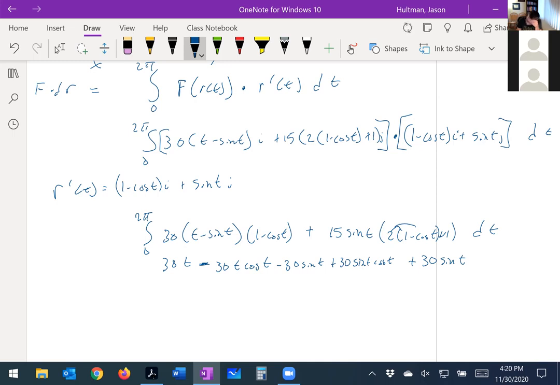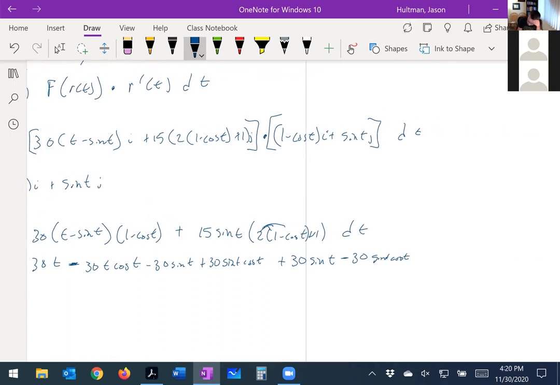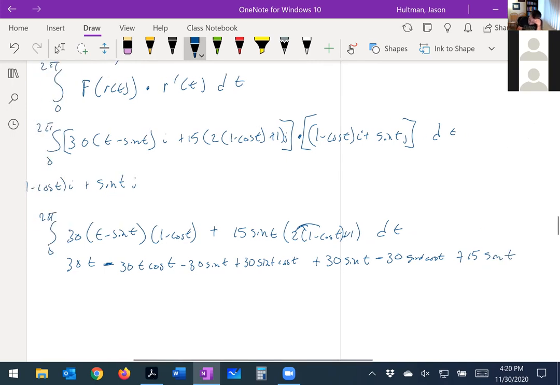Plus, that's 2, right? 2 and then 2, that's minus 30 sine t cosine t. So I just distributed the 2 here. And then plus 15 sine t. So some nice things happen.